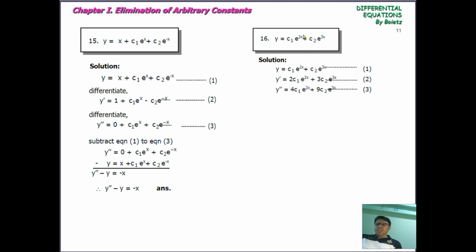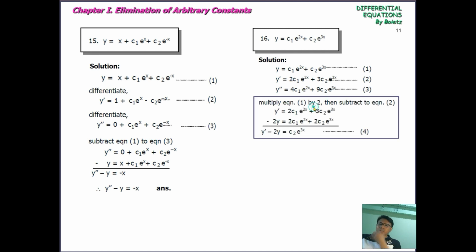Derivative ng C1 e to the 2x is 2 C1 e to the 2x. Then, ito naman is C2, 3 C2 e to the 3x. Then, differentiate again, y double prime. Magkakaroon ng 2, magiging 4, C1 e to the 2x. Ito magkakaroon another 3 multiplied by 3, magiging 9. So, ito yan. Then, elimination.